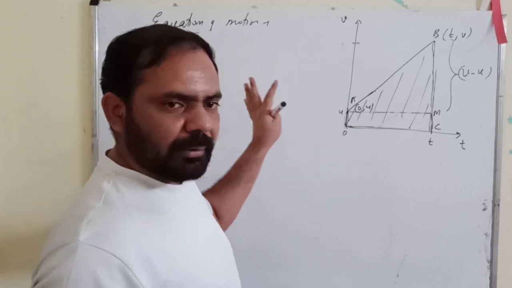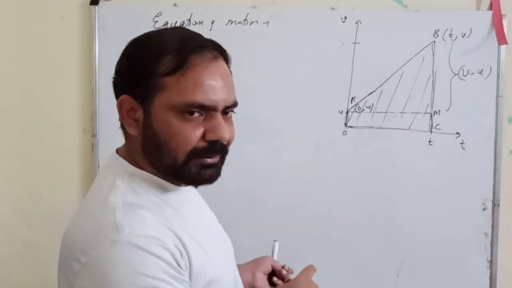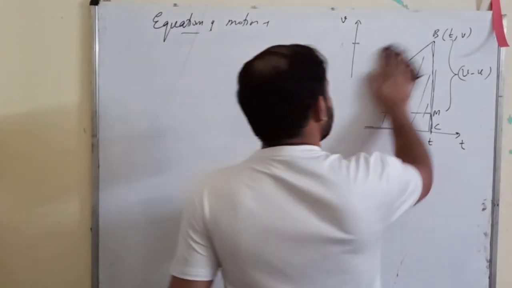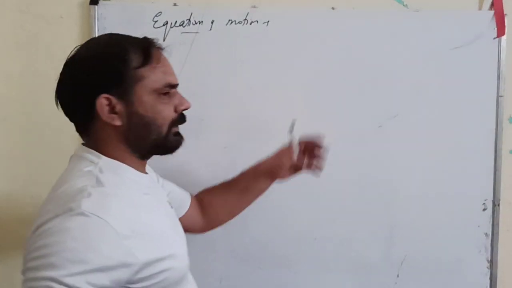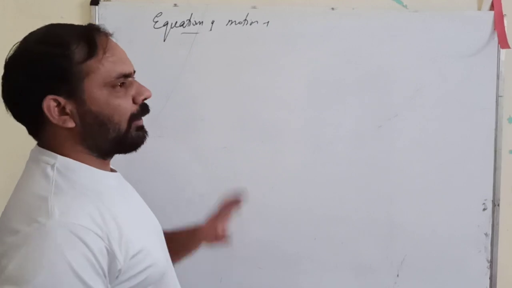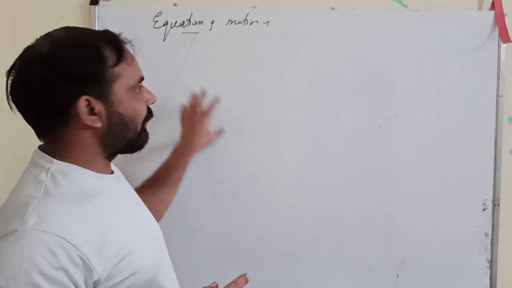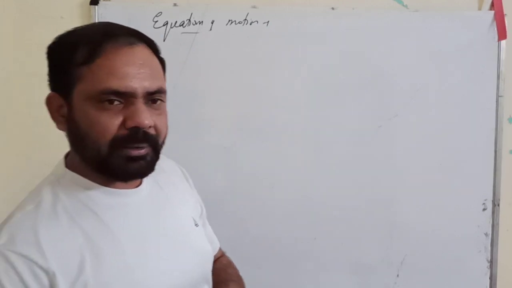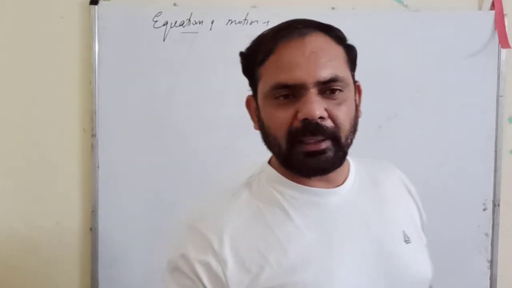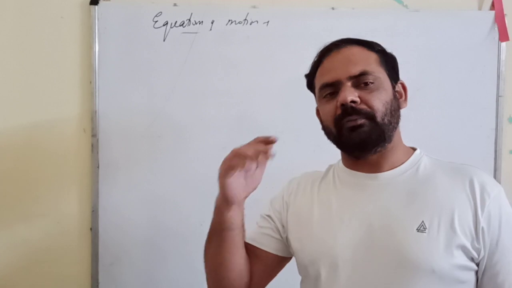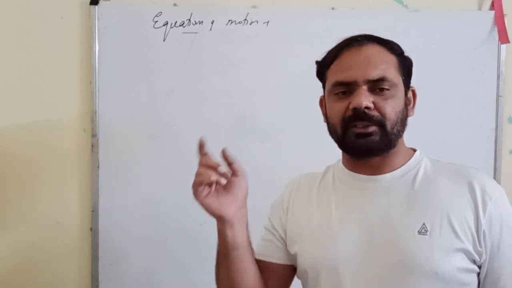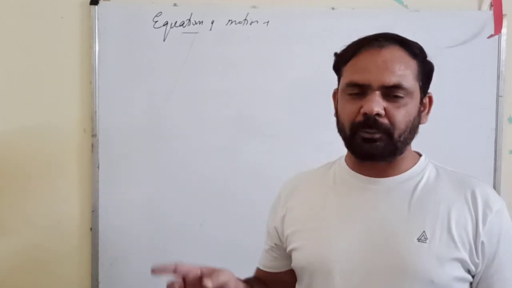We should not have discussed it here, but let it be, just for recalling that part. The derivation is the most important part of this chapter. Every time you will get this question in any exam if this chapter is included.